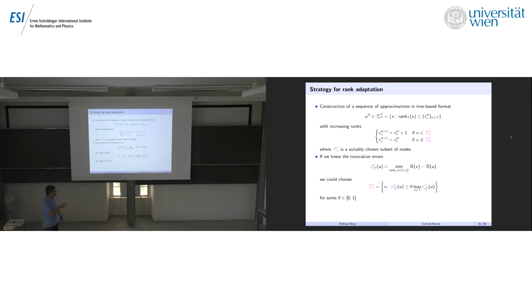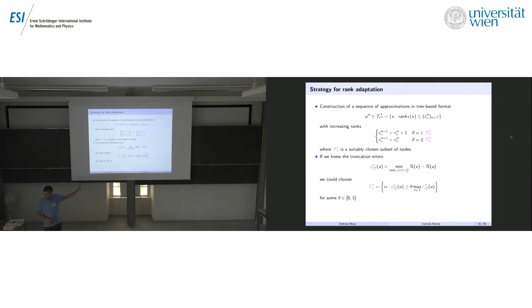If this error is high, that means that you have a potential gain in increasing this particular rank associated with alpha. So the strategy will be to select all the nodes such that the truncation error is greater than a certain factor theta times the worst truncation error, okay? It's kind of a bulk search strategy.